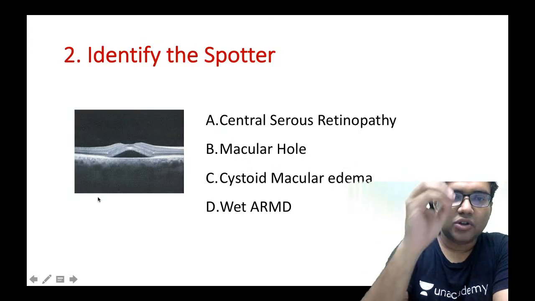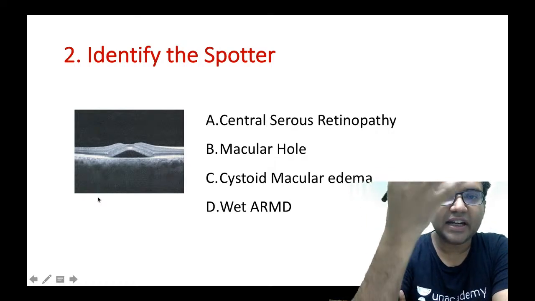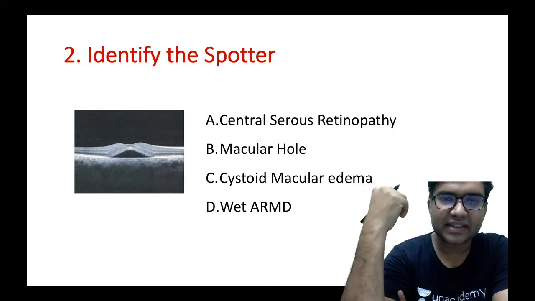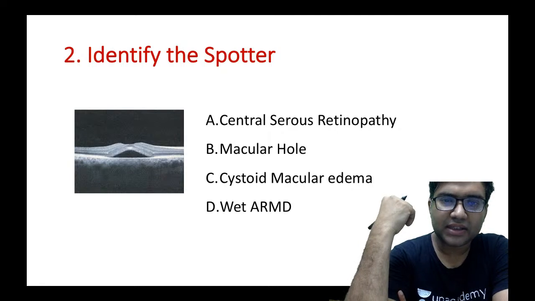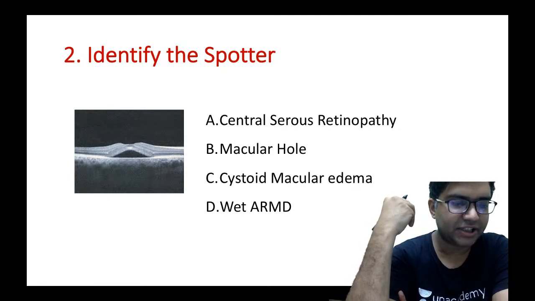Okay, so now my first question is: identify this spotter: central serous retinopathy, macular hole, cystoid maculoedema, or wet age-related macular degeneration. Try to answer.